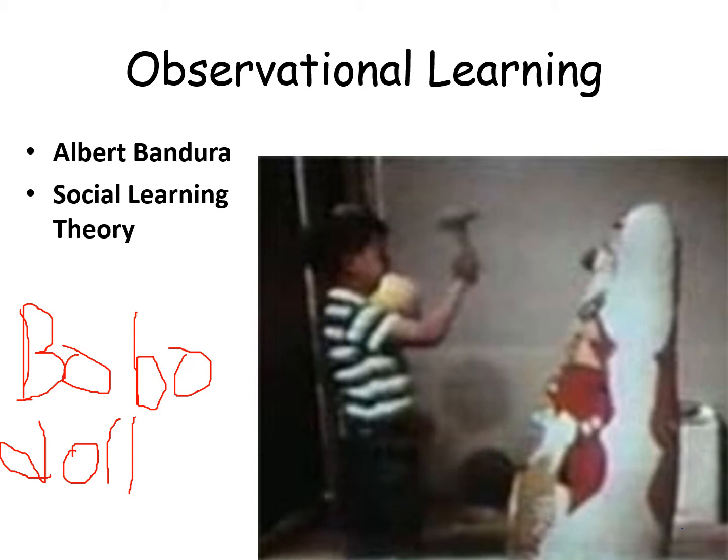So once again, Albert Bandura is studying observational learning, social learning theory. What he did was he got a bunch of kids. He studied children in this experiment, and he would take them into a room.